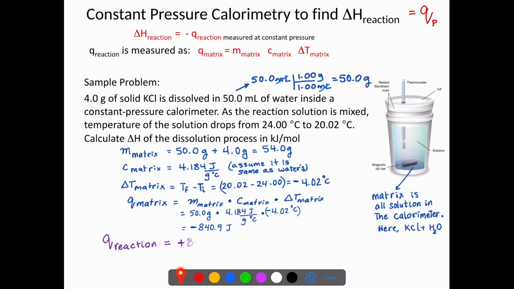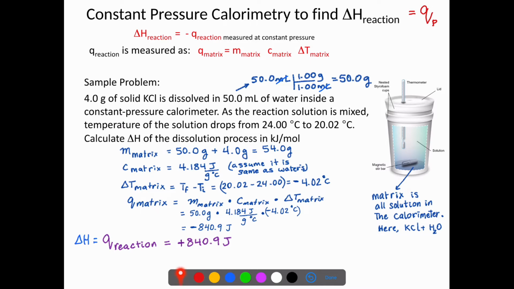So we can say Q reaction is opposite of Q matrix. Okay, so we are going to change the sign here. So Q reaction is opposite of Q matrix. Recall that Q at constant pressure is nothing but delta H. So we can say this is also your delta H for the reaction.